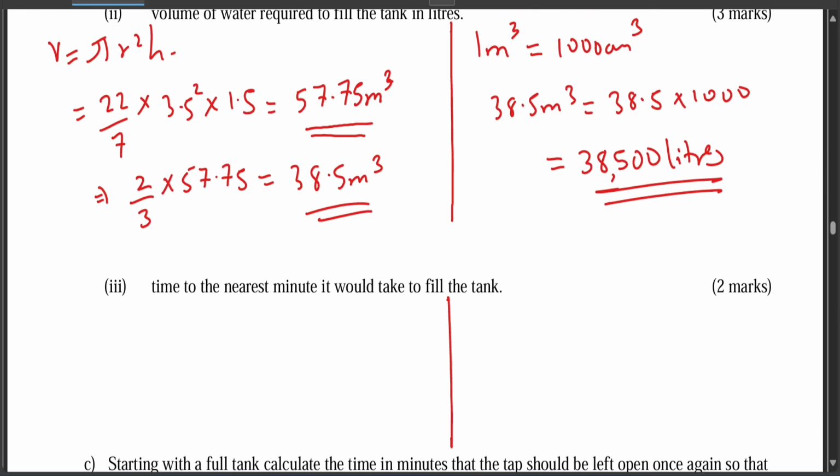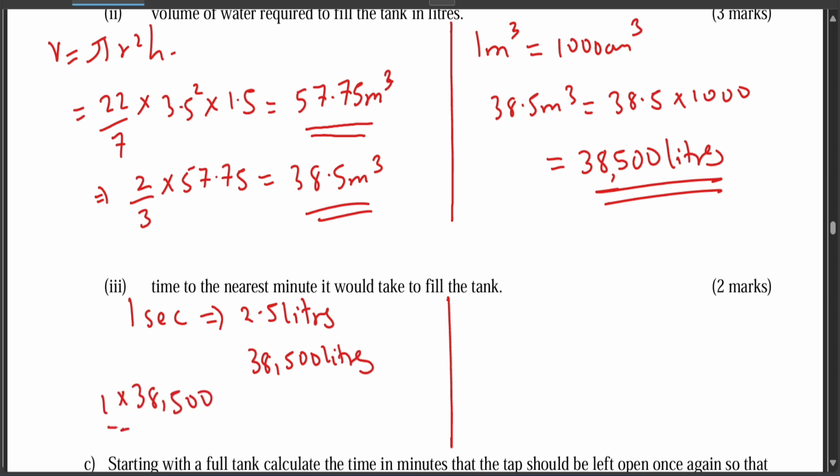So if 1 second you have 2.5 liters, then you ask yourself, what about 38,500 liters? So you take 1 times 38,500 divided by 2.5.